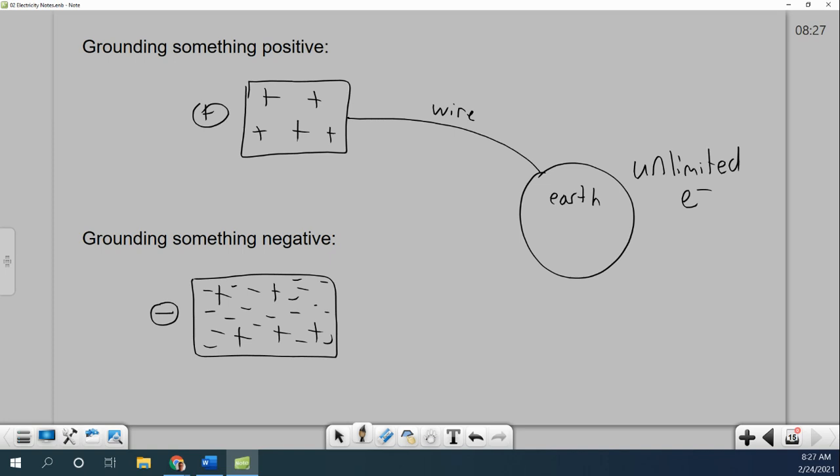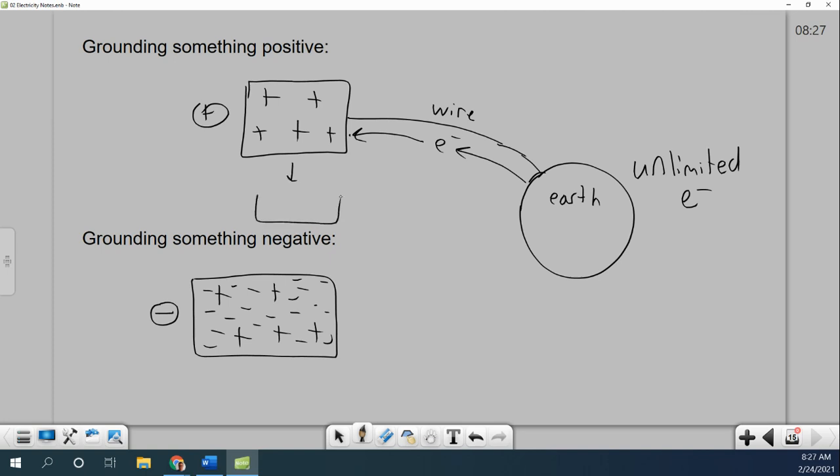You got to be careful here because a lot of people say, oh, the positives travel to Earth and then it's gone. No, do not move positive charges. If I want to neutralize this, electrons are attracted. Negatives are attracted to positives. So electrons go from Earth through my wire to the object.